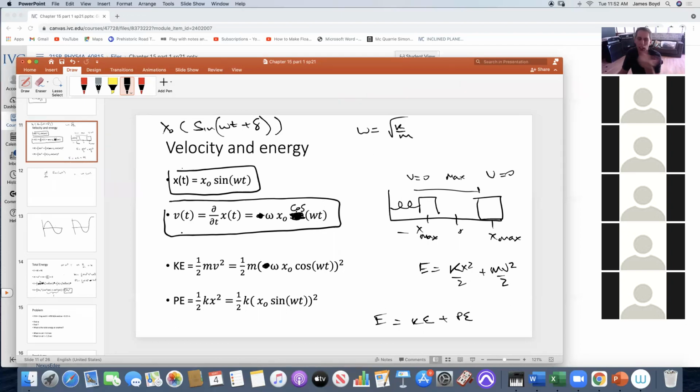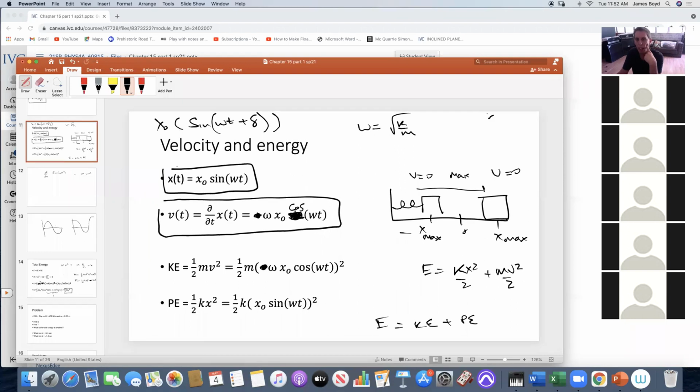Taking the derivative again, you get the acceleration, which is what we did originally. We just assumed that it was x, and the derivative of x with time is the velocity, and the derivative of the velocity with time is the acceleration. So if you took one more derivative of this, you would get the acceleration.